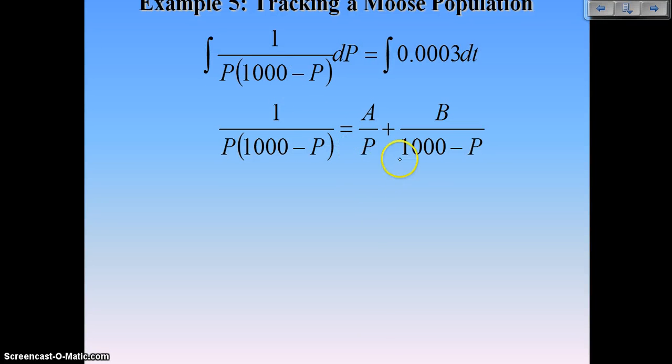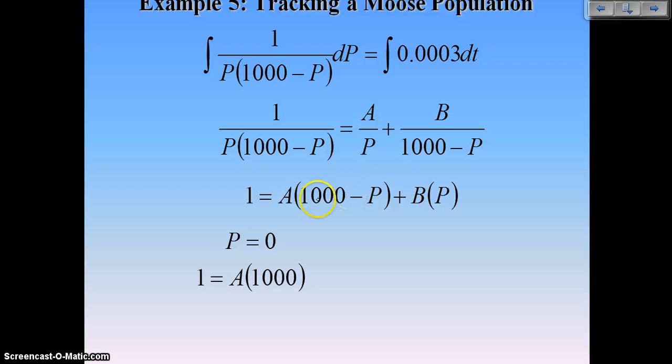Select your P-values carefully. Obviously, I want a P-value of 1000 and a P-value of 0. Of course, before that, we do need to multiply by the least common denominator. When you multiply by the LCD, we get this. Hopefully, you understand that, as we've done several of these already in this lesson. Now, if I plug in 0 for P, you get 1000 times A is 1.